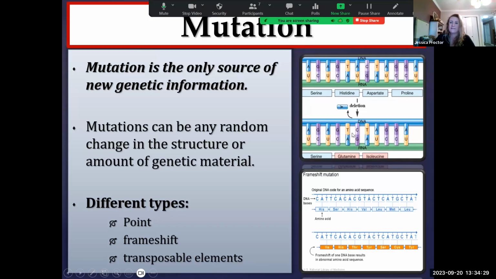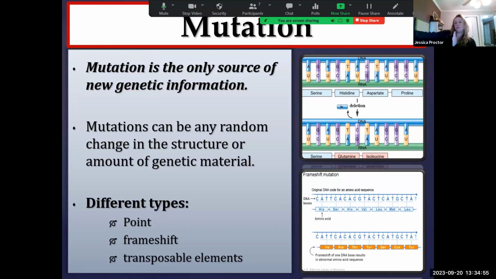So now we've got a GTC coding for a CAG, which instead of histidine is now glutamine. Okay, and then now we've got a TAG coding for an ACU, which instead of aspartate is now isoleucine.